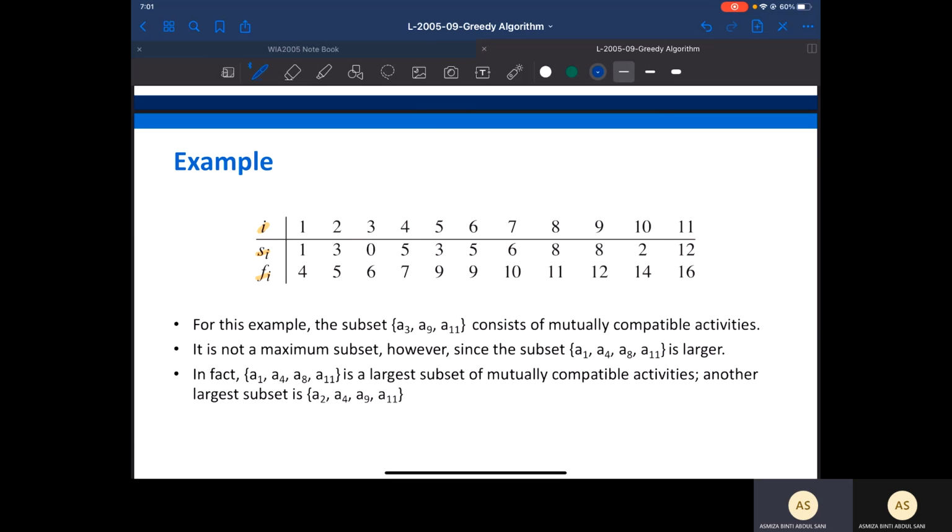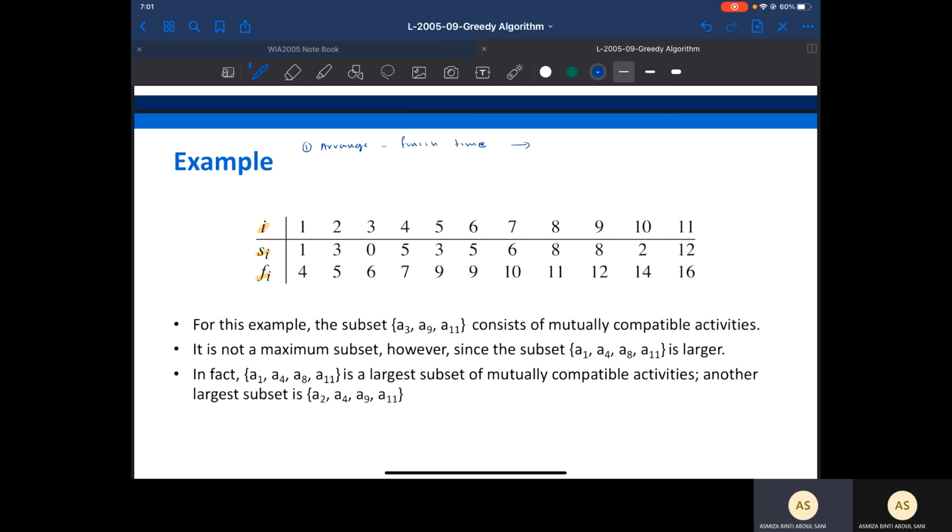If you are applying the greedy algorithm, first you're going to arrange the finish times in increasing order.